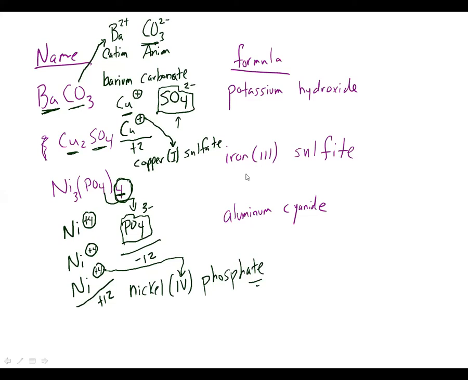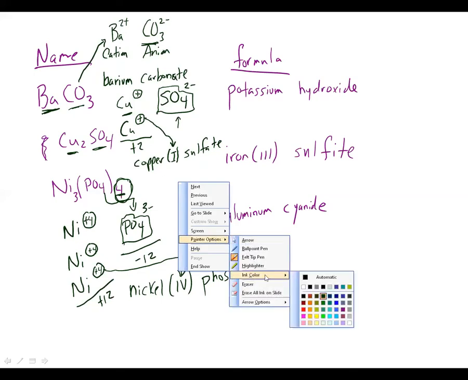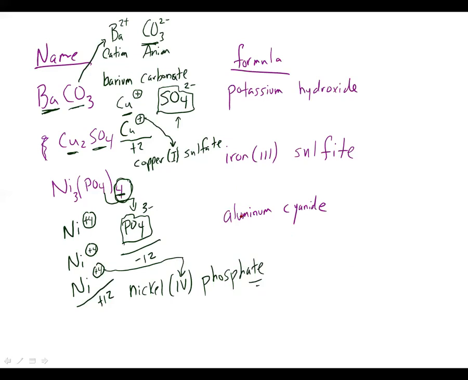So I think the question was back to the second one there. Why is it copper 1 versus, say, copper 2? It has to do with what it's bound to. This one is bound to sulfate, which has a -2 charge, and in this formula we have not one copper but two coppers. Each of those individual coppers will end up with a +1 charge, so that gives us +2 overall, which balances out the -2 charge.